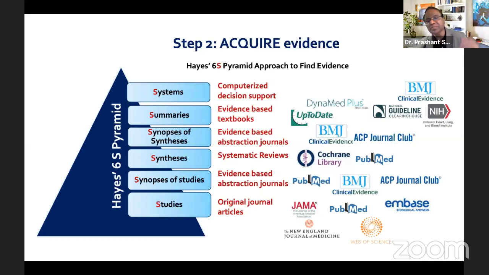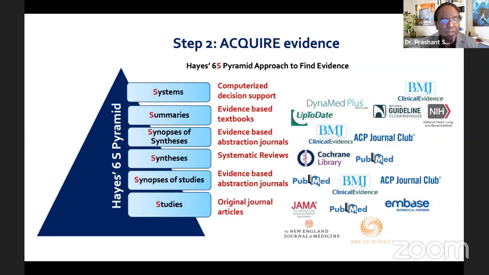On top of the 6S pyramid, we have systems. Now, systems are nothing but the electronic information systems, where the individual patient information is stored along with the practice guidelines. So it is easy access. You can see the patient information and the practice guideline at the same time. But these are mostly available in acute care settings.